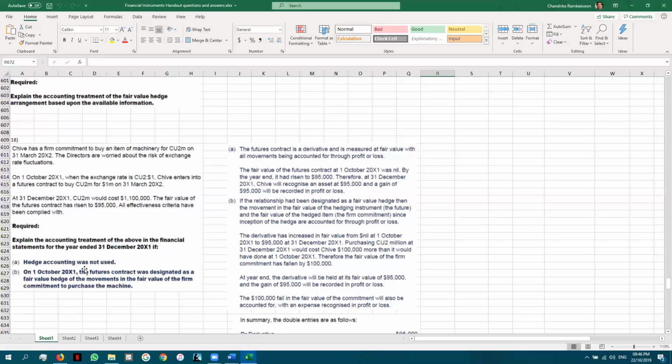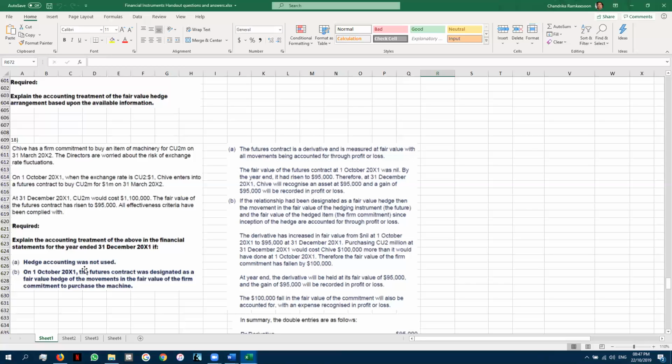On the other hand, if huge gains were recorded, investors may be of the opinion, well, this company is doing really well, and other competing companies in this line of business do not record derivatives. Maybe they use hedge accounting, or maybe they simply do not use derivatives.